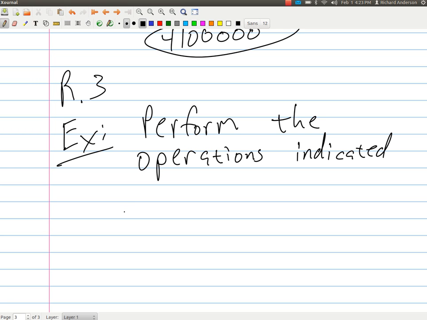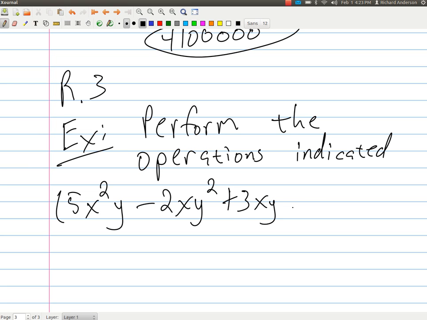So my first operation, I've got 5x squared y minus 2xy squared plus 3xy minus 5. Then I'm going to add to that something underneath it because I've run out of room.